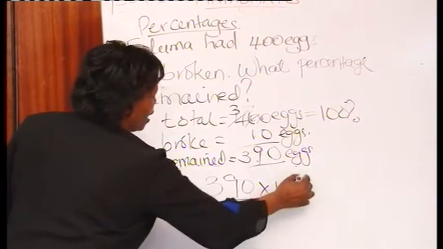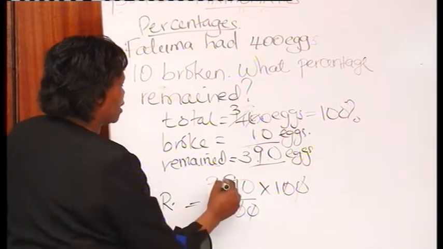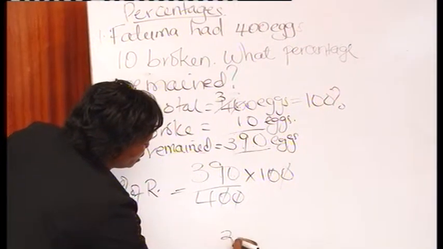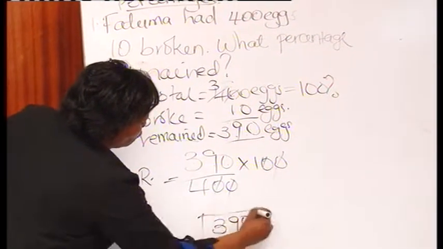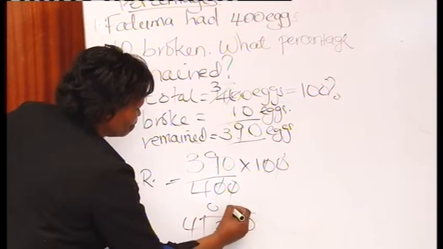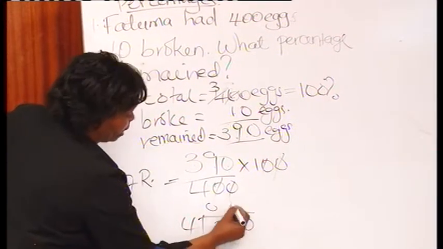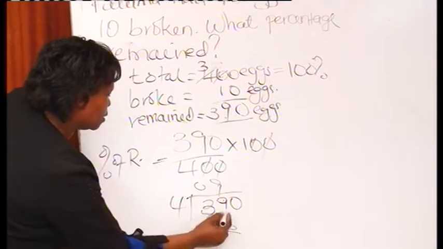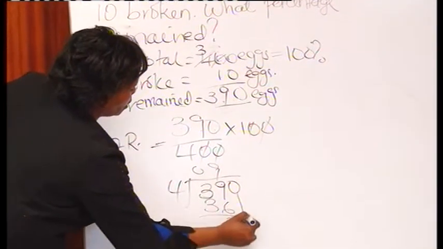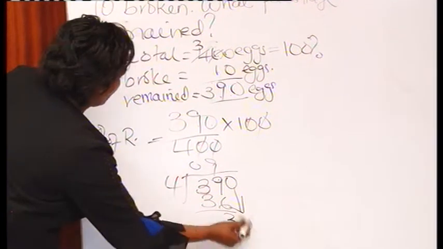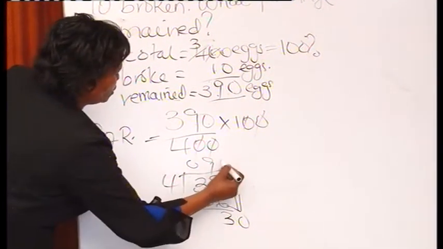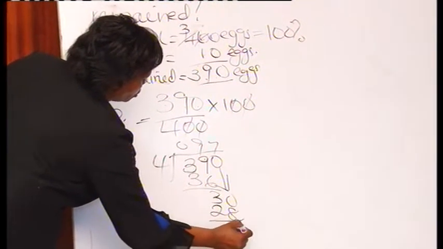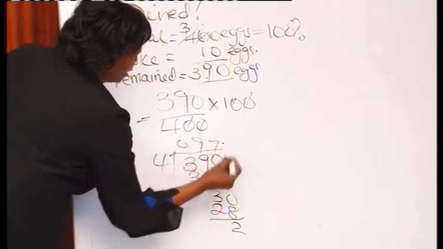Then if I simplify, I'll get 390 divided by 4. 36 gives 9, then 3. Then I drop my 0. 30 will be 7 because of 28, and then 2. Then I put a decimal.